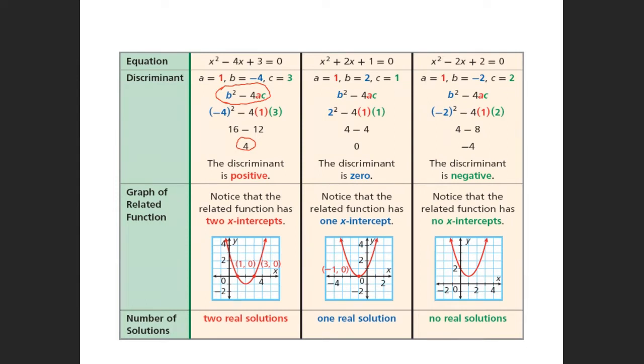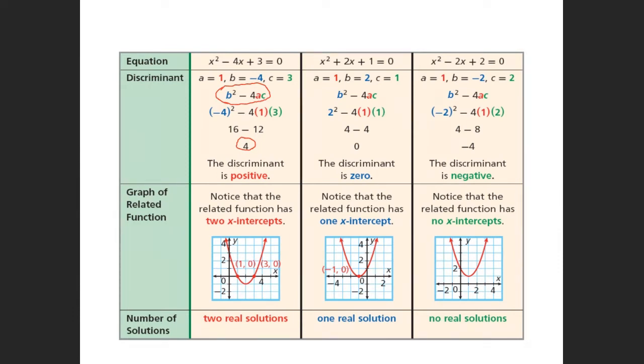If it's equal to 0, so if you work that out and you end up with 0, the discriminant is 0, that means you have 1 real solution. And if the number inside the radical is negative, that means we have no real solutions. Now, there will be imaginary solutions, but we don't get into that in algebra. That is a concept that is taught in Algebra 2.